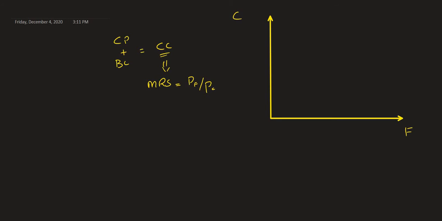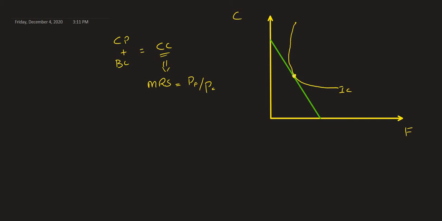If there is a budget constraint faced by the consumer, and it is like this, then the consumer choice will be at a point where the indifference curve becomes tangent to the budget line. So this is the indifference curve I see. This is the point where this indifference curve becomes tangent with the budget line.